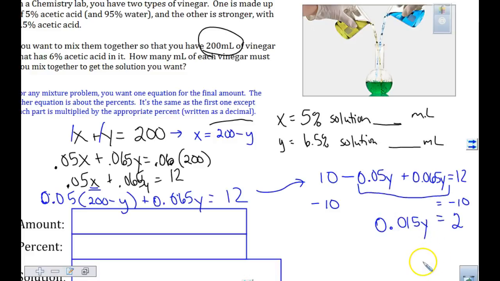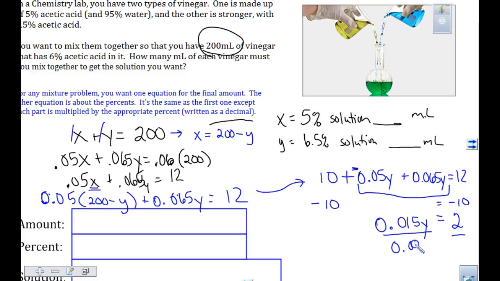Do you agree? Making sense, kind of? We added those. This is actually a negative, right? It was a minus, okay? So we're subtracting those. So at this point, Lauren, what would you do to finish solving? Divide each side by 0.015. And when you divide a whole number by a decimal, it should get quite a bit larger. And that makes sense because our 2 had to add to 200.